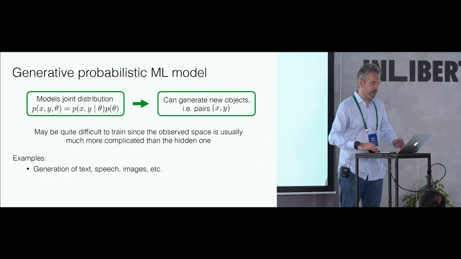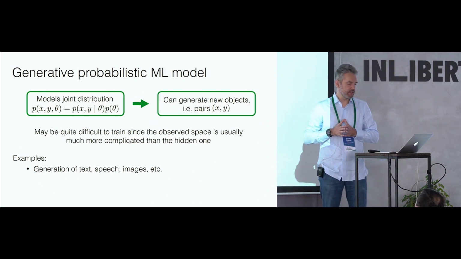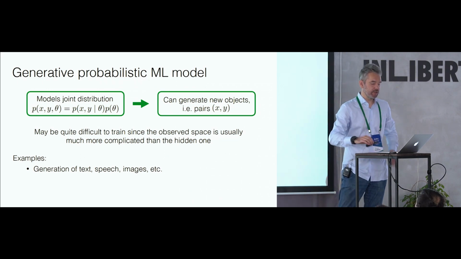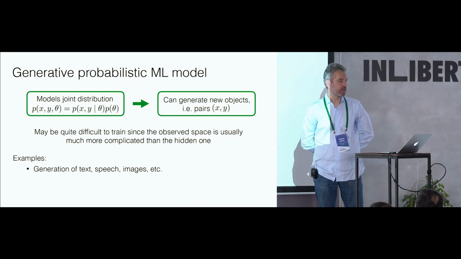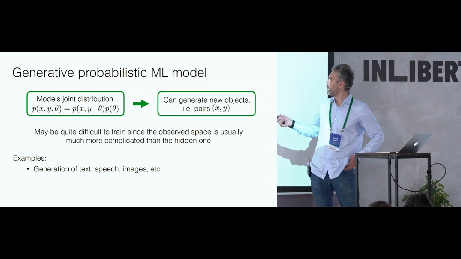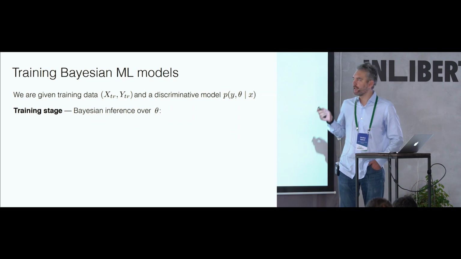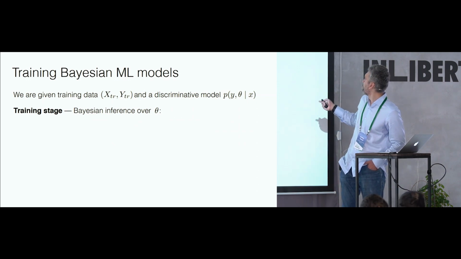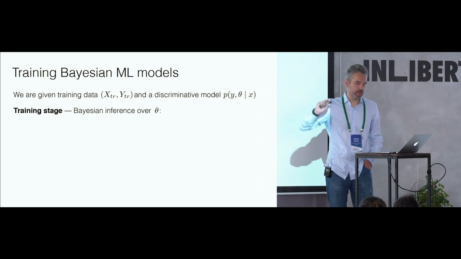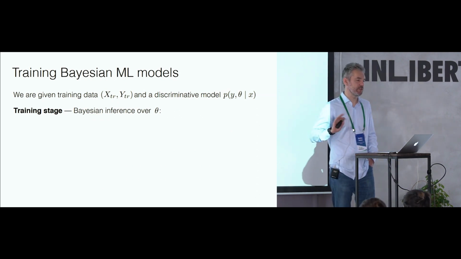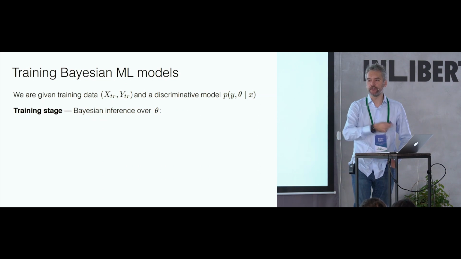Okay, so now let's consider how we'll train our Bayesian models. So assume that we have training data, x train, y train. So this is the set of objects for which we know both x and y's. And assume that we have a discriminative model, and the model is Bayesian. So this is the joint distribution over y and theta conditioned on x. We do not model the distribution on x because we're not interested in generating new x's.